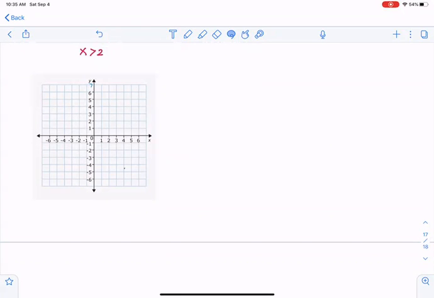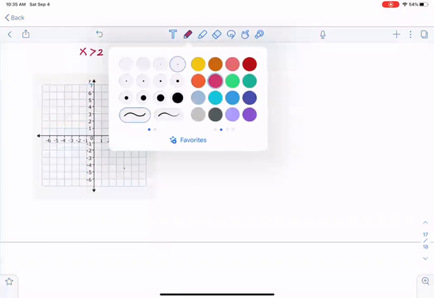So x greater than 2. So we know that there has to be an open dot. So we have to put it in the Cartesian plane.